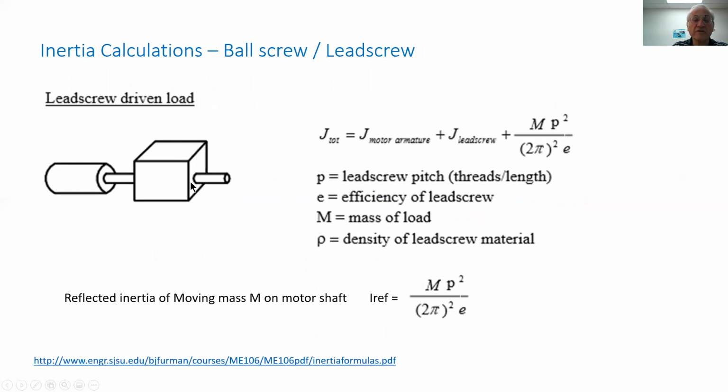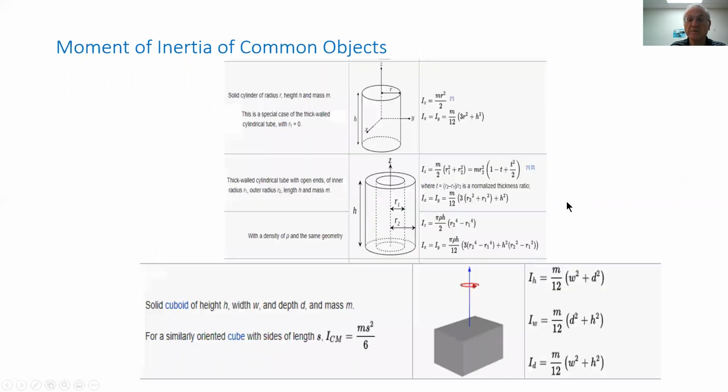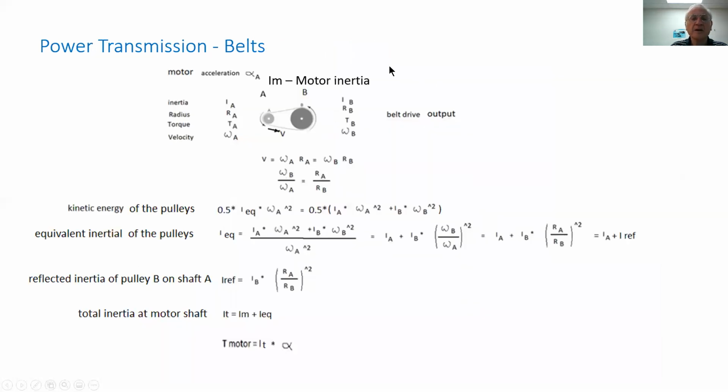Typically, a ball screw efficiency is 0.8, and a lead screw efficiency is 0.6 approximately. To find out the inertia of the ball screw or lead screw, for example, we have here the equation that the inertia equals the mass times the radius squared divided by 2. And here we have another formulation which is helpful when we do calculation for boxes or plates.